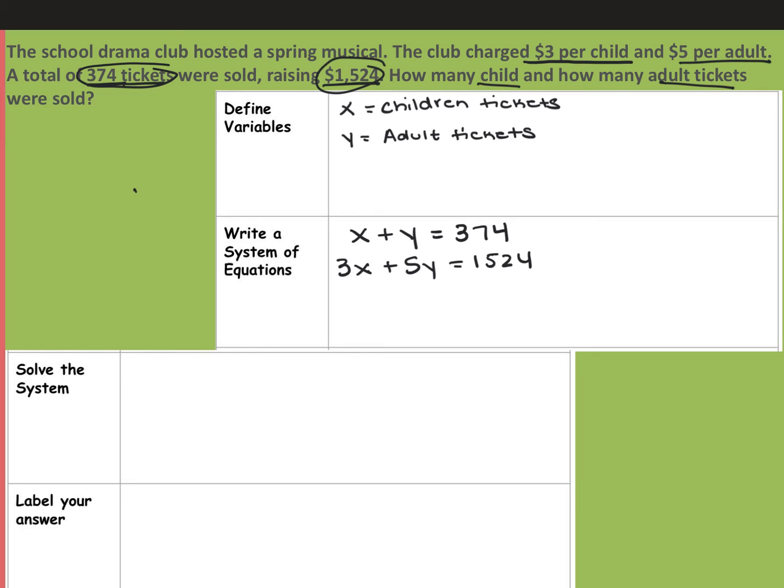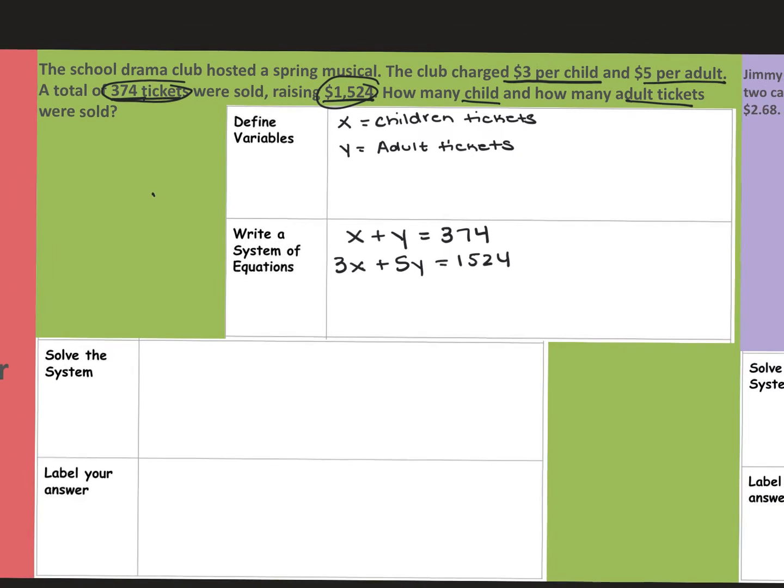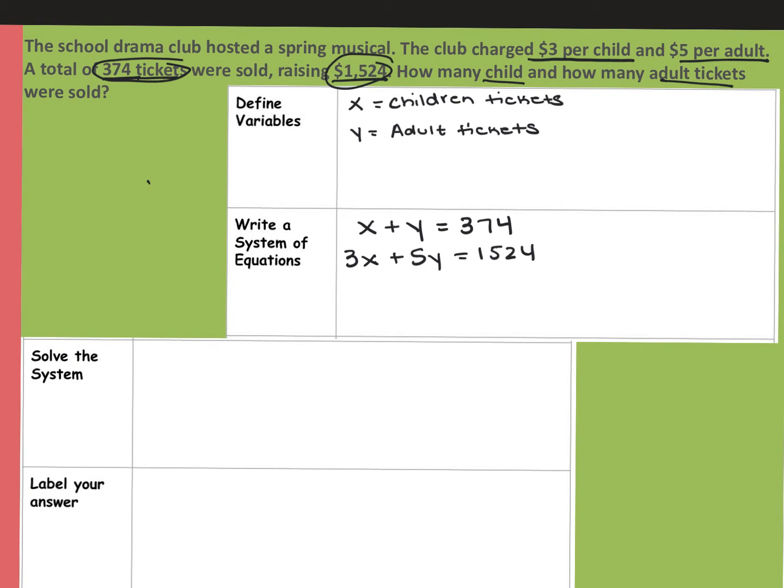For this particular example, I'm going to use substitution. So now I'm going to follow that third step of solving. I'm going to use substitution since in my first equation, both x and y have a coefficient of 1.